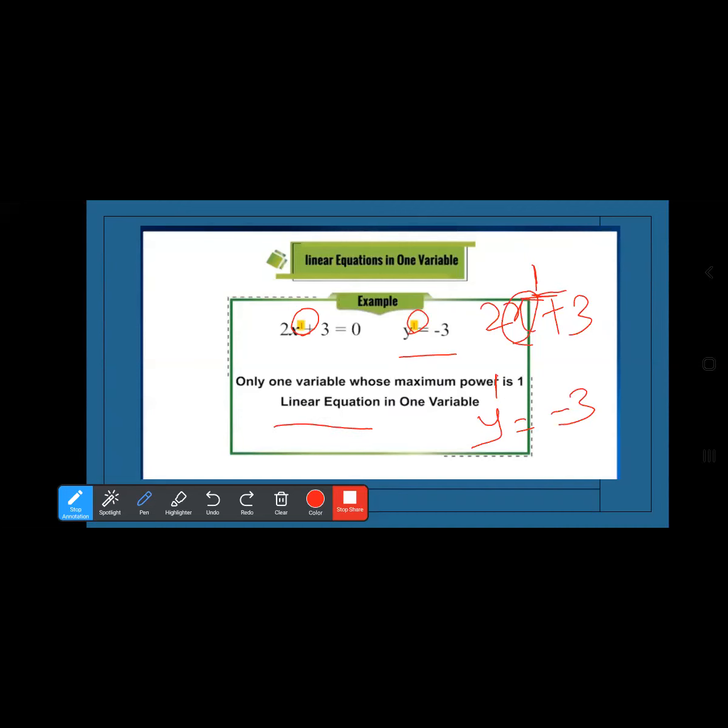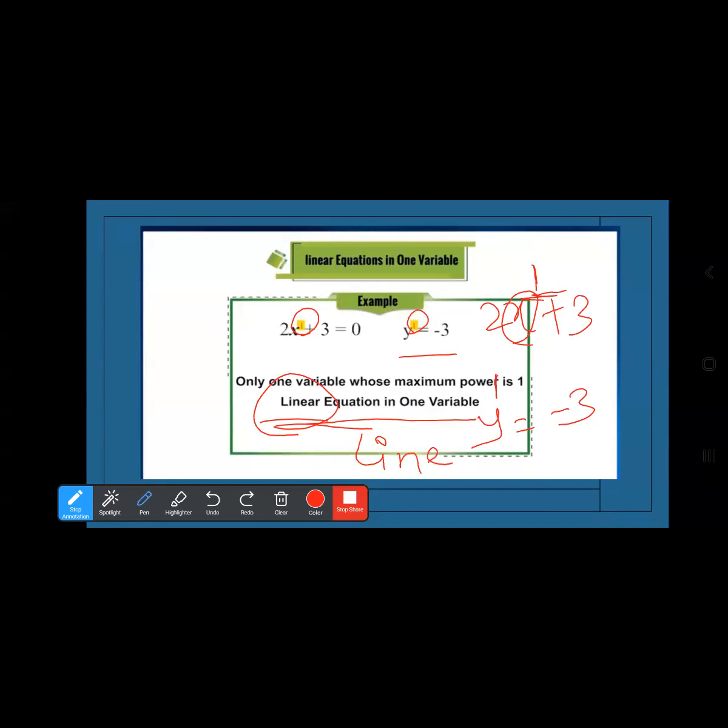Linear equation means the highest degree is 1, and since only one variable is used, it is a linear equation in one variable. One additional piece of information: in the word linear, you can see the hidden word line.